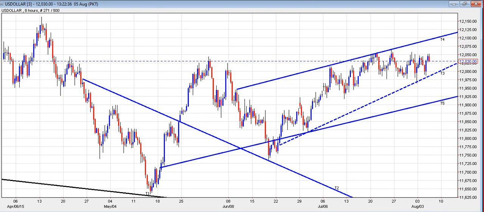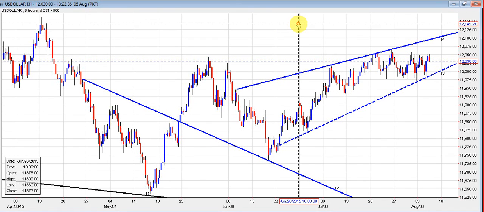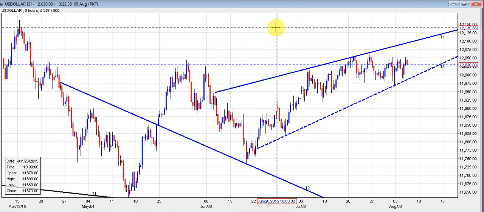So when people are normally looking at it, they look at it as a wedge. Whenever you see a wedge, what is a wedge? There are two types of wedges. It's a formation. You know what is head and shoulders? You know what is inverse head and shoulders?